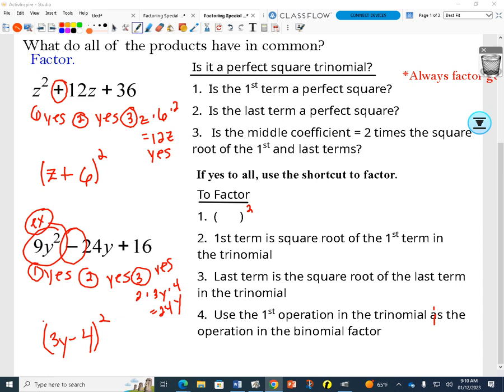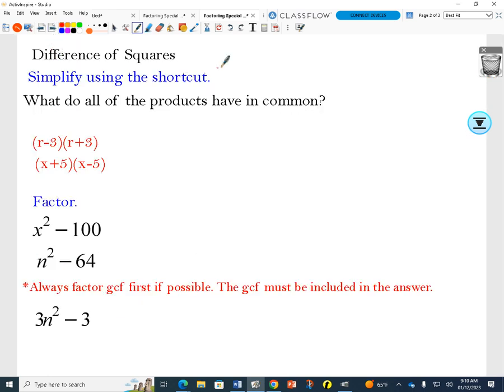Okay, now we are going to talk about difference of squares. So we're going to go to the title Difference of Squares.